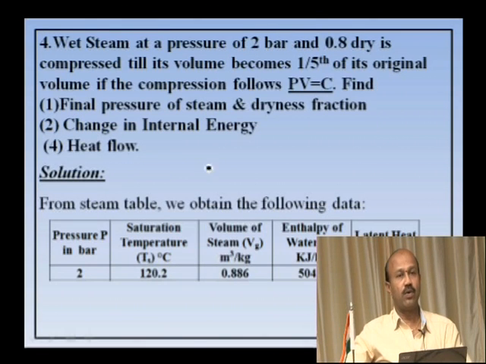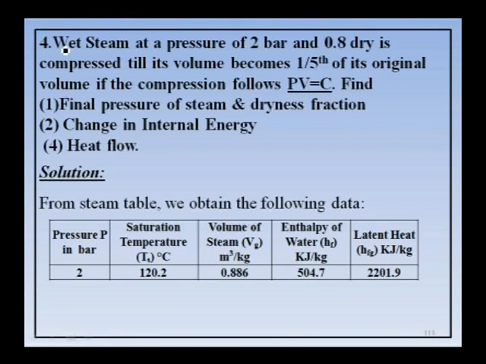Okay. So, we will go to the fourth problem, wet steam. Initially he has given clearly wet steam at a pressure of 2 bar and 0.8 dry. So, 2 bar pressure is there, 0.8 dry means it is a wet steam. So, the initial condition of steam is wet steam.